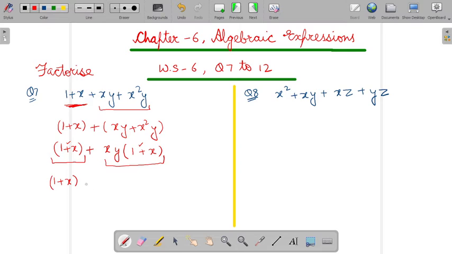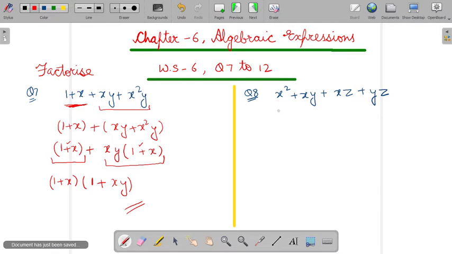So 1 plus x we will take it out. Now 1 plus x we have taken it out, so what will be left here? 1, because nothing is there, so only 1 will be left out, plus 1 plus x we have already taken it out, so xy will be left out. Now look at this answer. Both of them are in multiplication form, or we can say between the two brackets there is a multiplication sign.